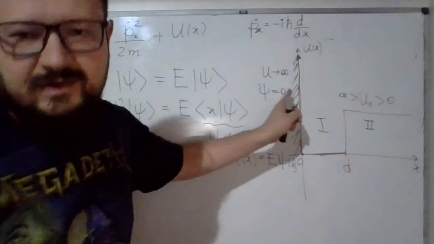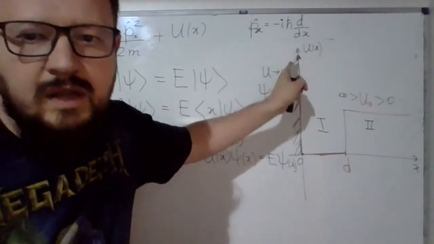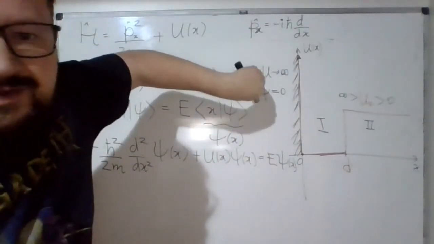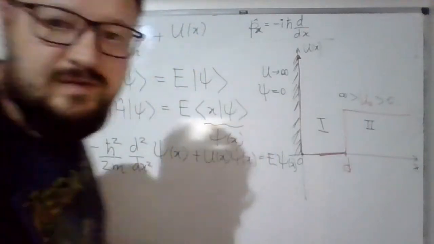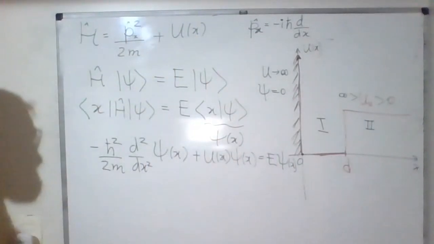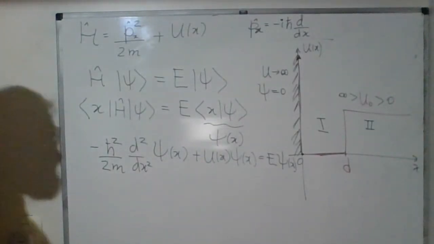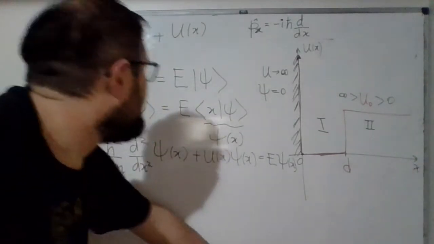All right, but in this case we have an infinite wall only on this side of the potential. On the other side, the potential is finite. All right, this is what we are trying to solve right here, right?